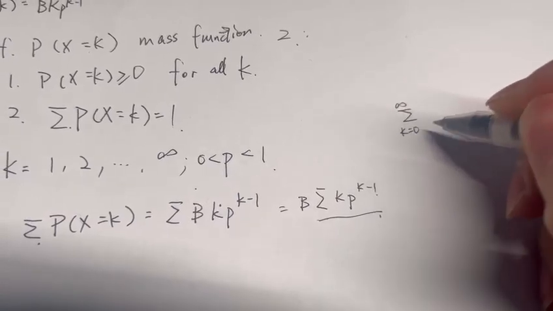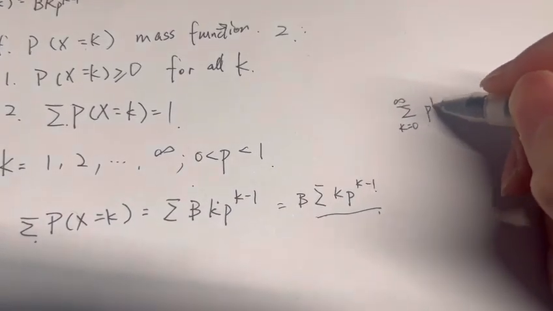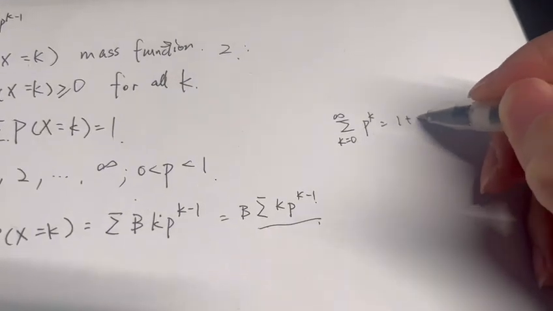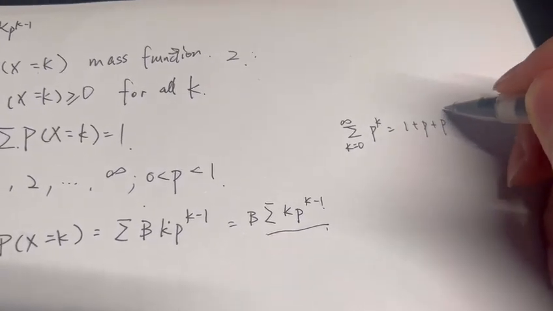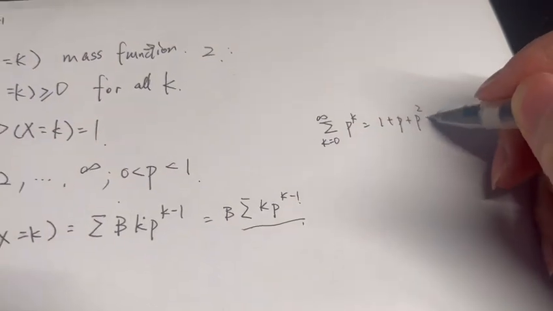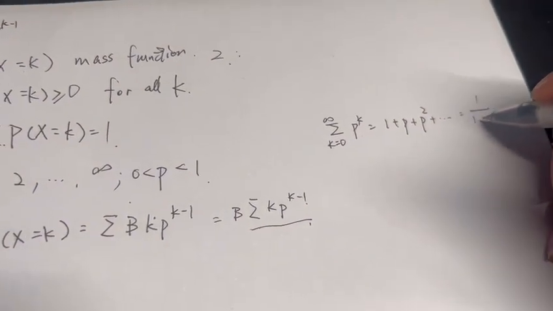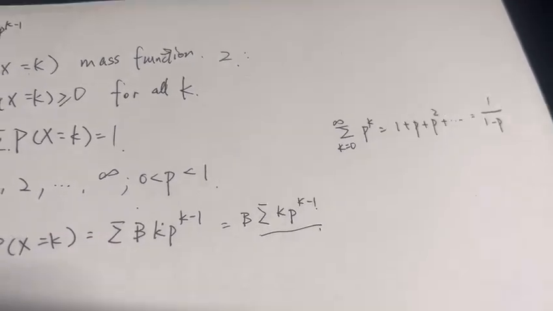The summation of p to the power of k is equal to 1 plus p plus p to the power of 2 and so on, and it equals 1 divided by 1 minus p.